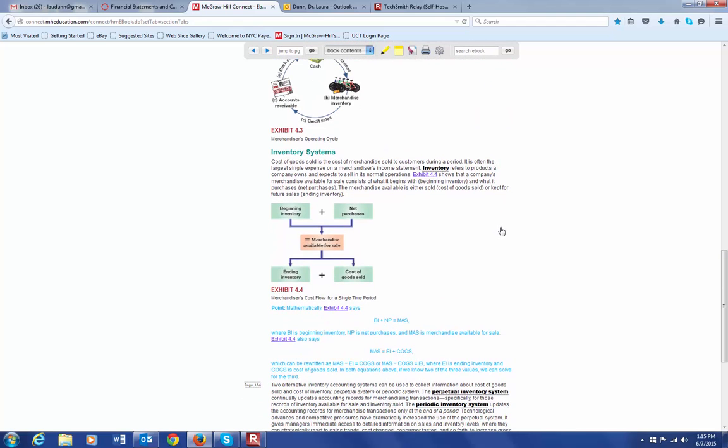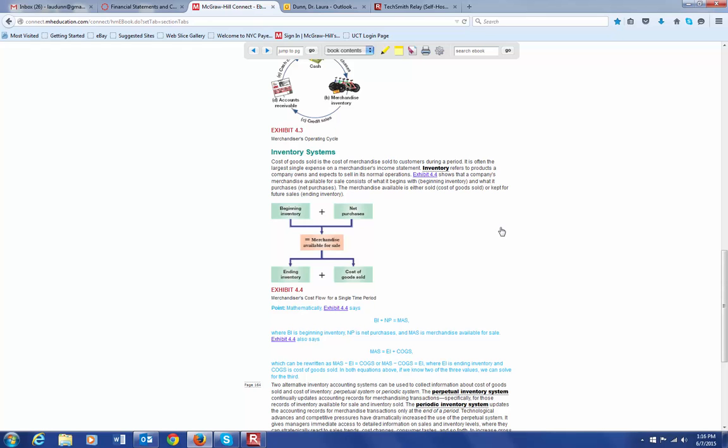Now, in terms of how we track our inventory, again, the inventory refers to those products that the company owns and is expecting to sell in its normal operations. So this chart shows you the way that we look at inventory.